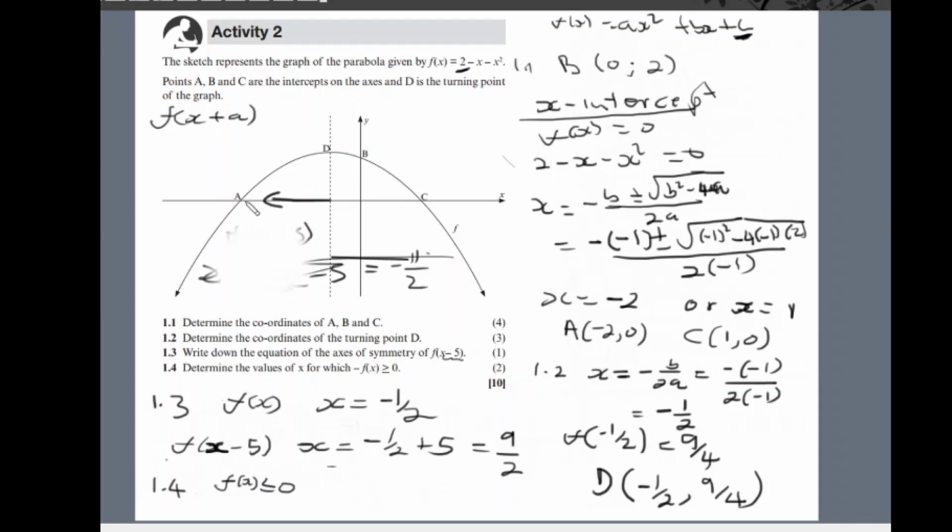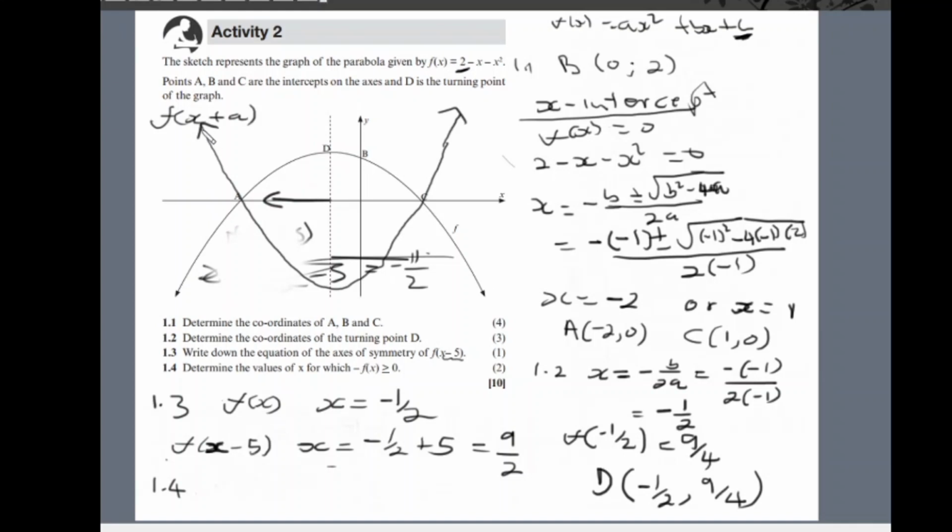So if I'm reflecting this function about the x-axis, it will look like this, right? Okay, so minus f of x is the reflection of this function about the x-axis.